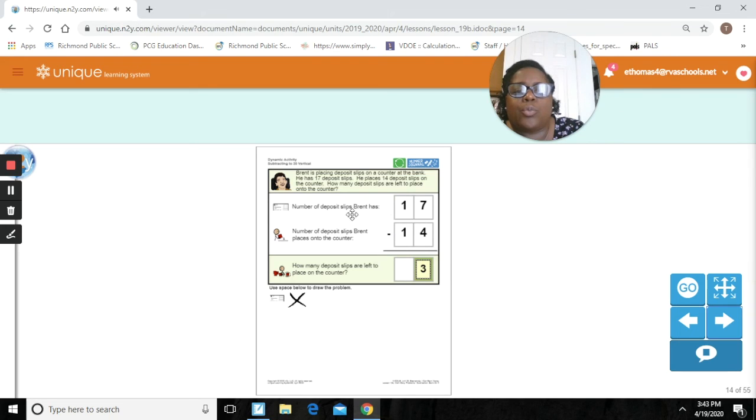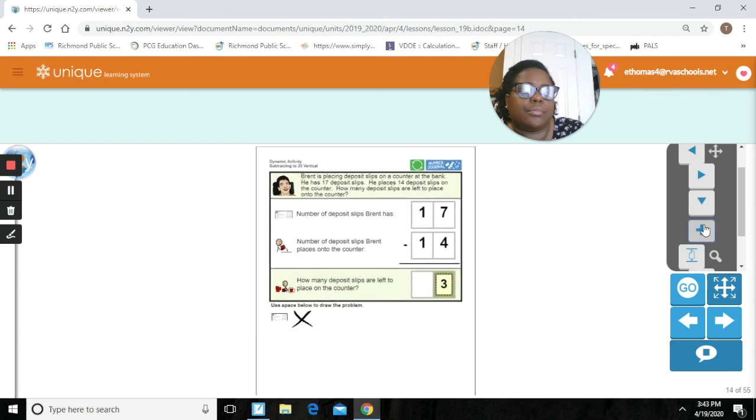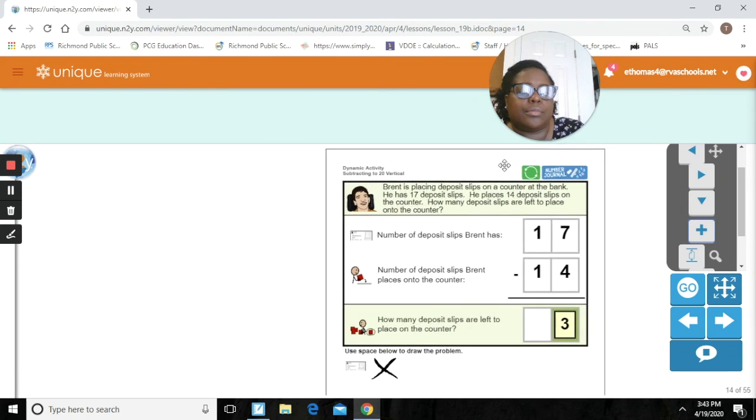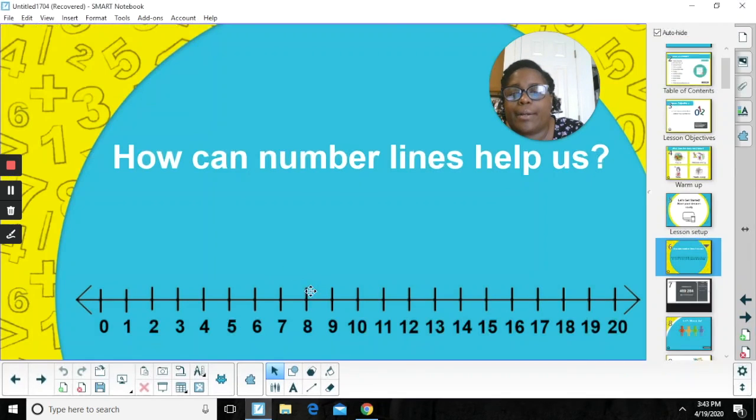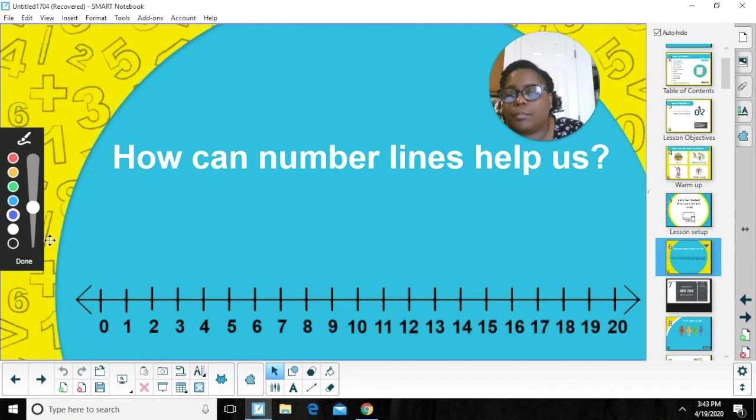So now we're going to go over to the tens place. We're going to start with our first number that's in the 10 place. It's the number 1. 1, take away 1. So let's get our number line back up. And we're going to start with 1, and we're going to go back how many spaces? 1.